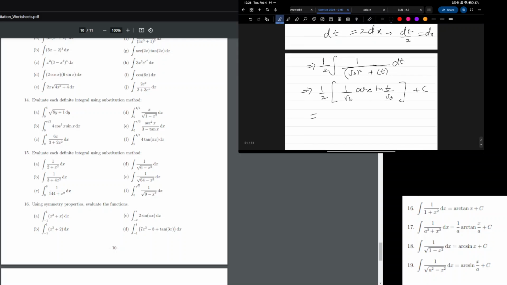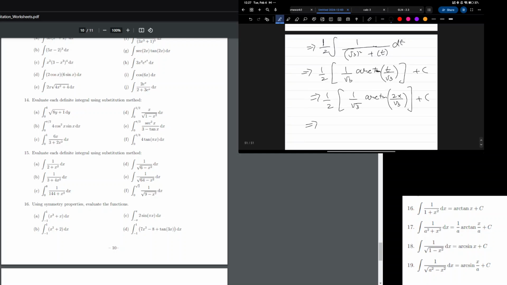So this becomes 1 over 2 arc tan 2x over root 3. Now remember I told you this is not a substitution question? It is. Forget that. Plus c. You can open this up, becomes 1 over 2 root 3 arc tan 2x over root 3.